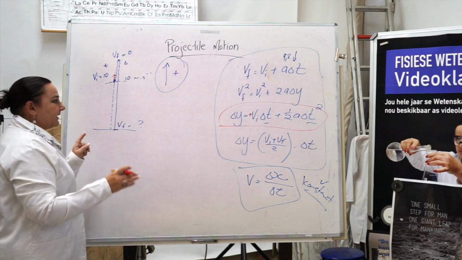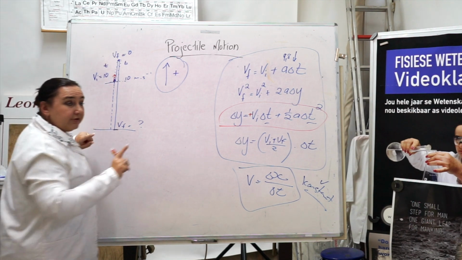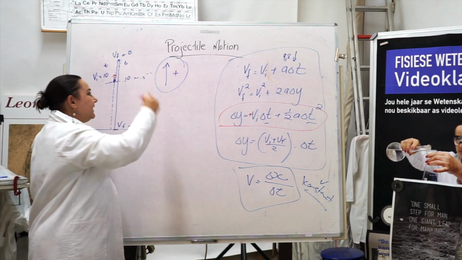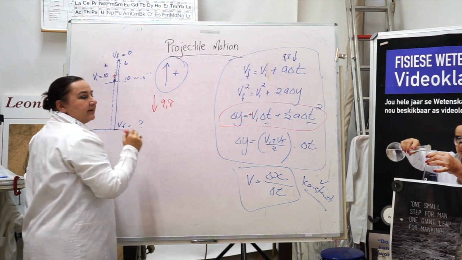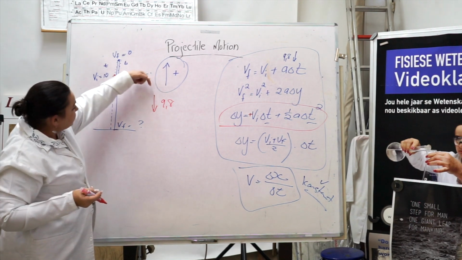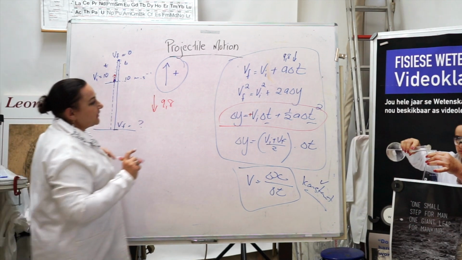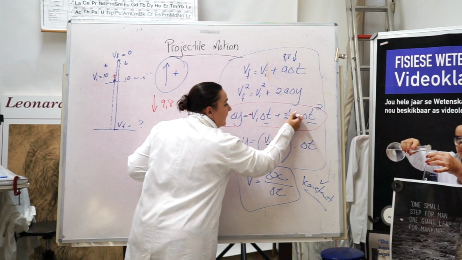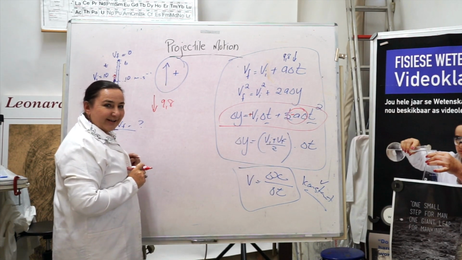Half, no problem. What is the acceleration on that ball? Even though it goes upwards, we know acceleration is always down 9.8 meters per second squared. But I chose up as positive, so you can see my 9.8 is going in the opposite direction, so I need a minus in front of my 9.8 value there.